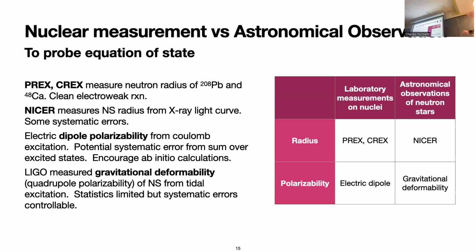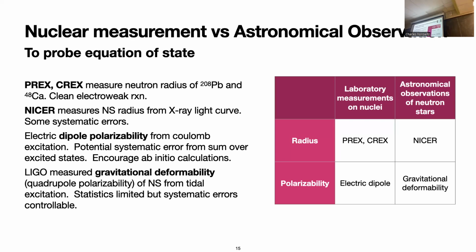If you scatter two nuclei off of each other at large distances, the Coulomb interaction from one can Coulomb excite the other, and you can extract the polarizability, how soft and squishy the protons are in an atomic nucleus. So that's the measurement in nuclei.